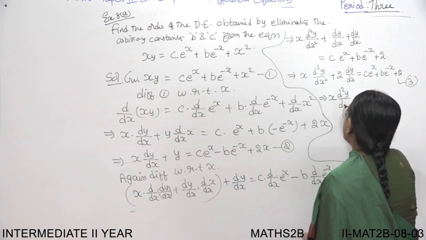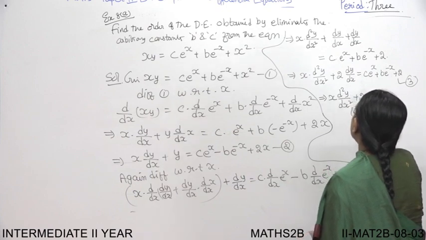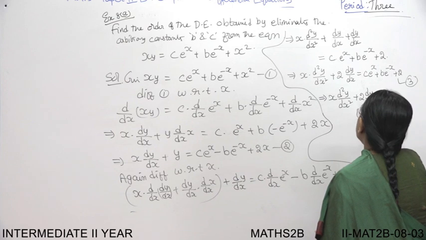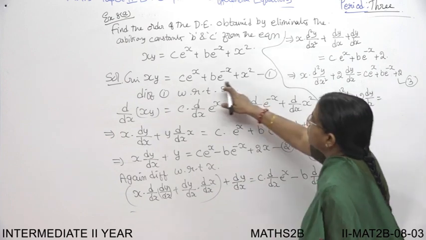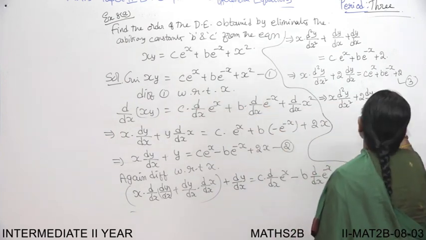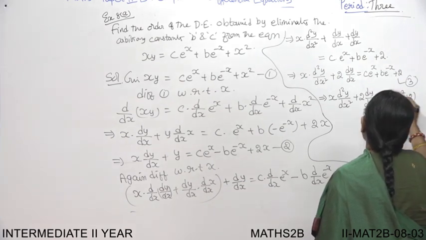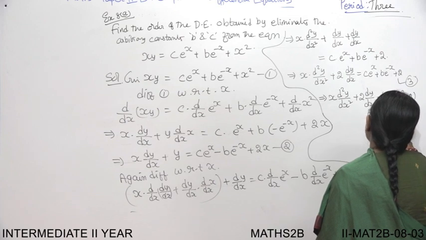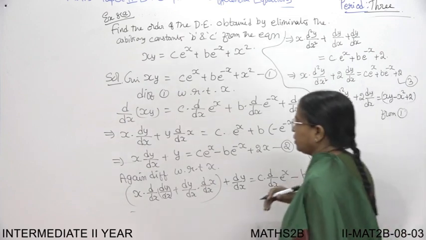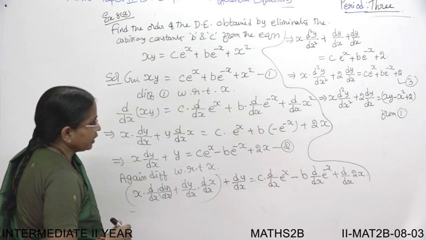So x d square y by dx square plus 2 dy by dx is equal to, this is nothing but xy minus x square plus 2 from equation 1.